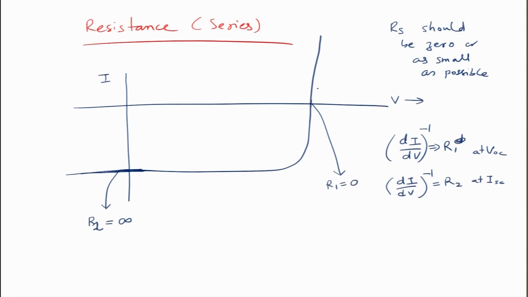So, the slope corresponding to this point depicts what we call series resistance. The series resistance for an ideal device should be equal to 0. As the device performance changes, when the series resistance changes, let us say if you have series resistance alone that changes, then the behavior is like this.